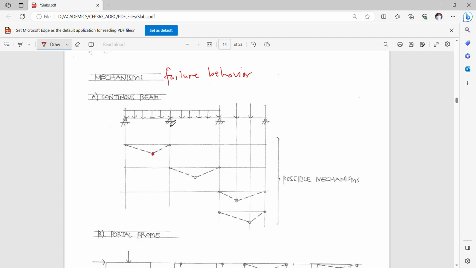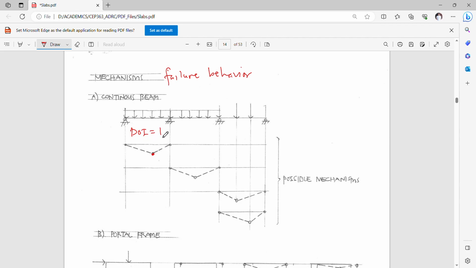In case these two beams are externally connected to each other, we can say that this has a degree of indeterminacy equivalent to 1.